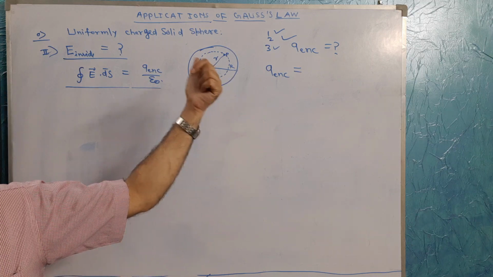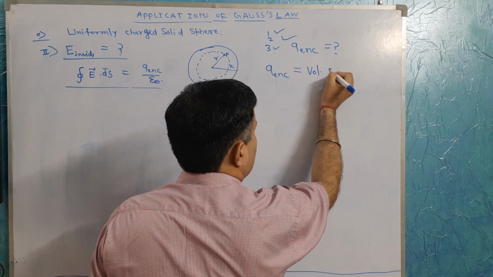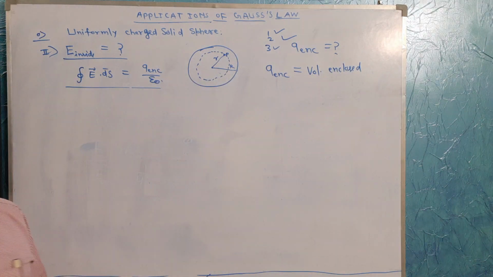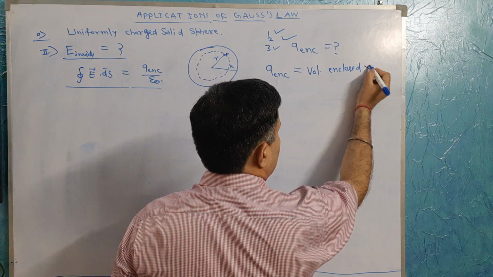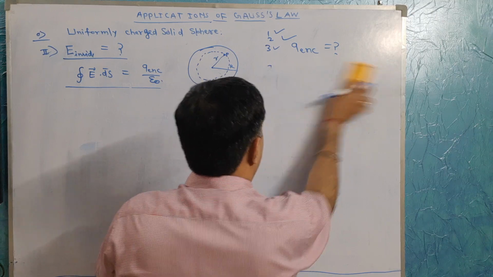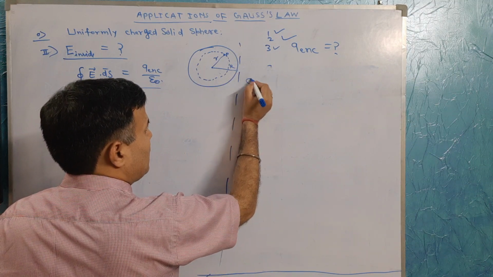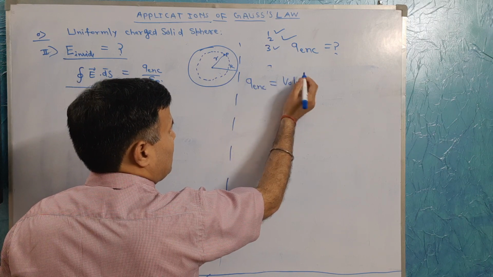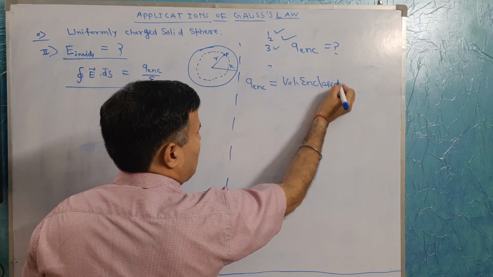So charge enclosed in this case is volume enclosed into charge density of this region.